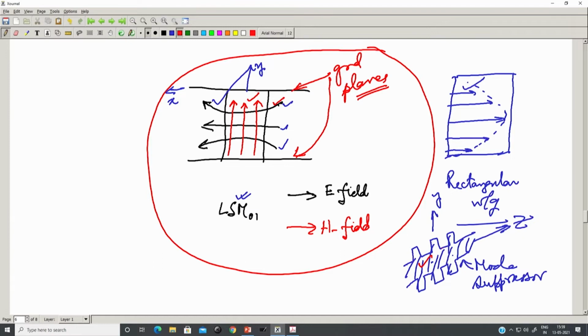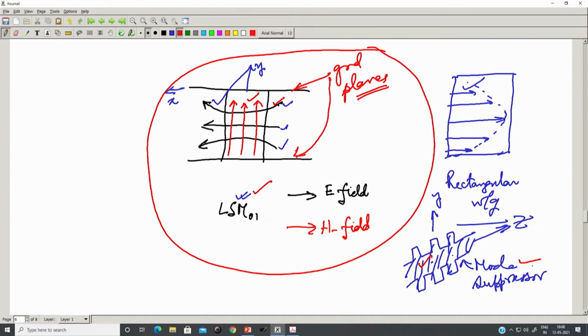So, please bear in mind that the design of a mode suppressor has to take into account many factors, including loss, including bandwidth, including how well it suppresses the undesired modes, and many such factors relevant to the suppression of the undesired mode and the propagation of the desired mode. But the desired mode is not going to be totally unaffected by the insertion of the mode suppressor. This has to be carefully borne in mind.